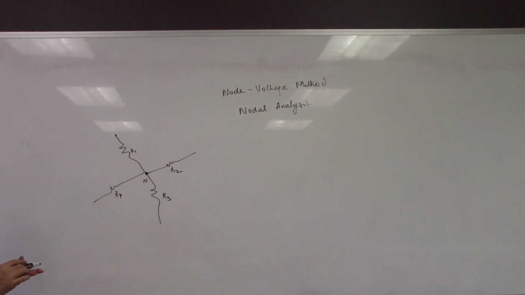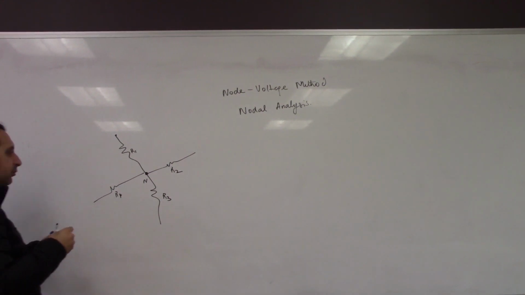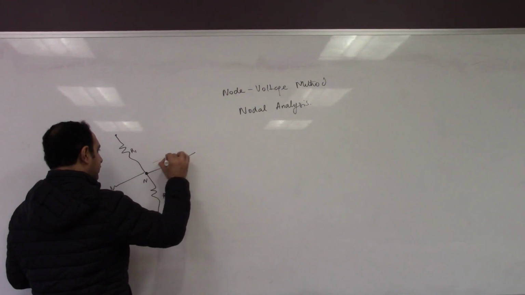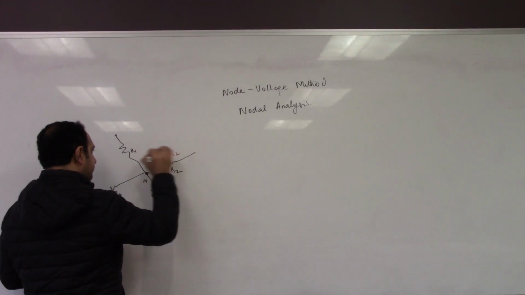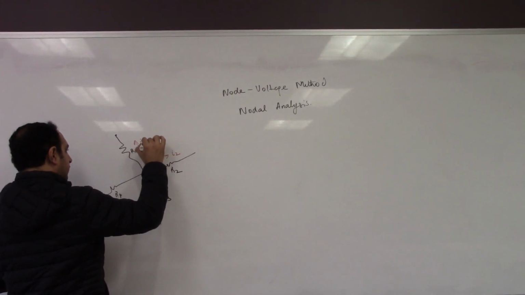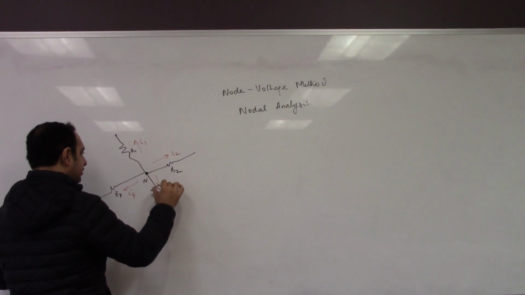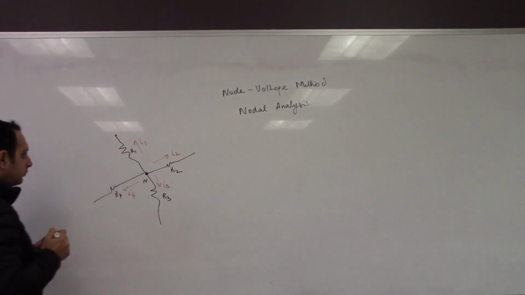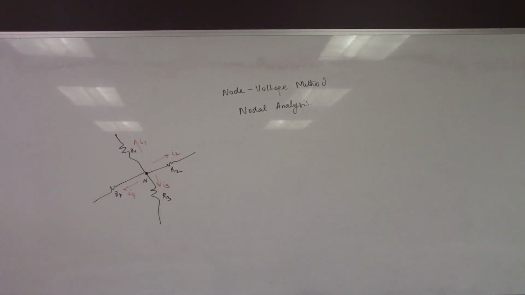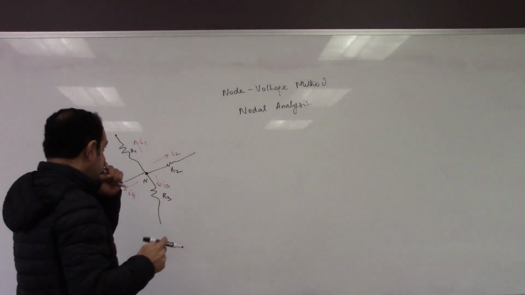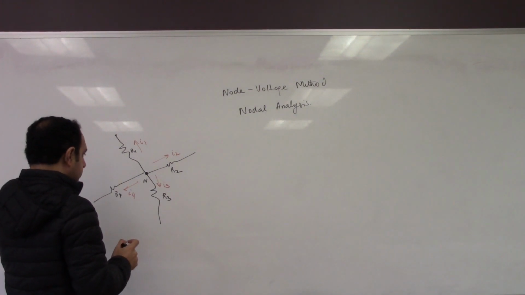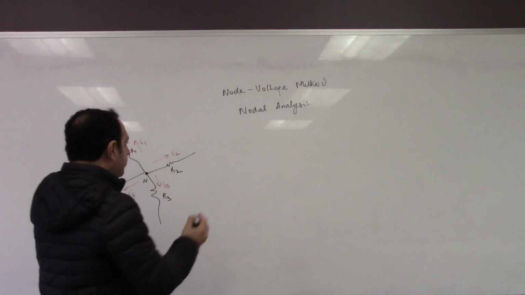For now, I'm only going to assume leaving currents: I1, I2, I3, and I4.